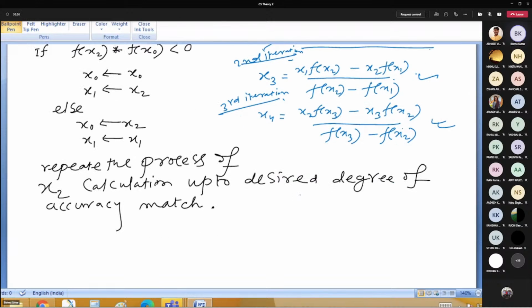In that process, you can write an iteration scheme here.